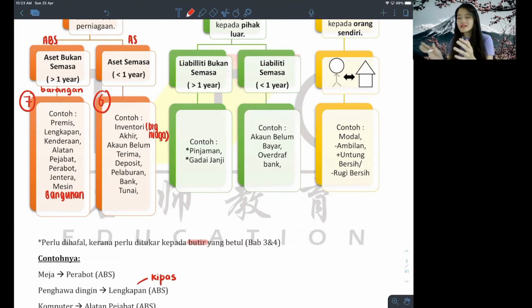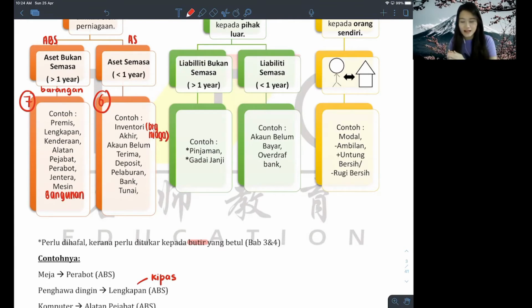So the moment I got it from my supplier, what is the first thing I want to do? Quickly put the price label and put it at my store. Make sure that it will sell within the week or within the month itself. So inventory arcade is the only barang niaga that is an exception that will be put under asset semasa, because the quantity of it will change very drastically. Okay, it can come in very quickly, go out very quickly. All right, so that's it.